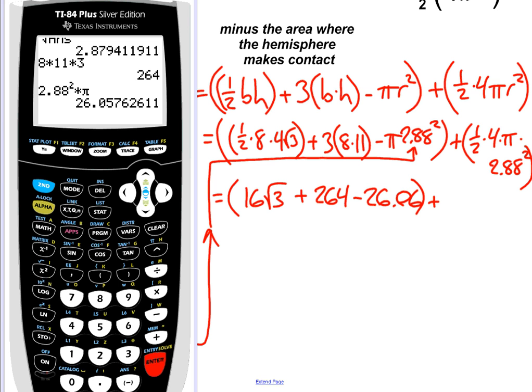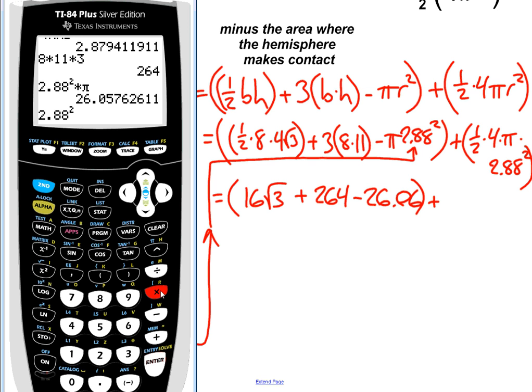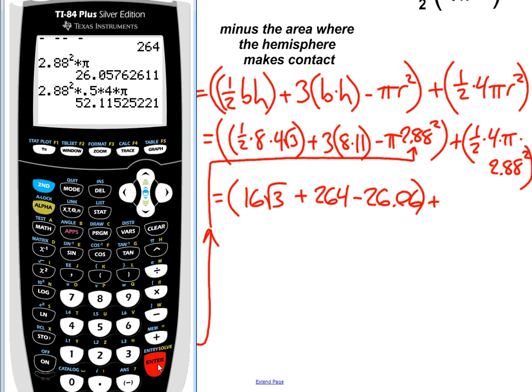And then on the hemisphere itself, we have 2.88 squared. We have half of that times 4 times pi. A lot of numbers going on. For those of you that have a habit of skipping steps, this is going to be trouble for you. You probably better learn to start writing some things down rather than skipping steps.